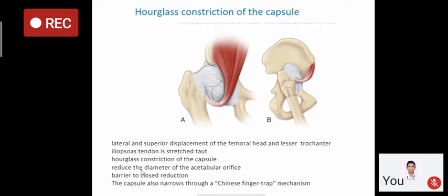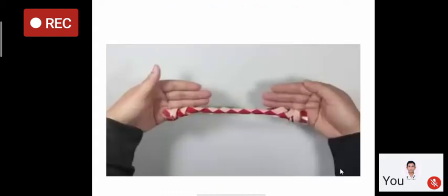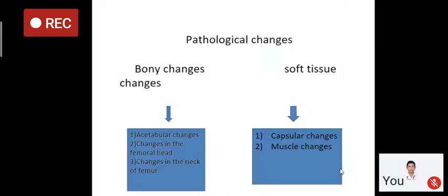It is stressed and it acts as an hourglass constriction of the capsule. It reduces the diameter of the acetabular orifice and it's a barrier to closed reduction. The capsule also narrows through Chinese finger trap mechanism. The more you stretch, the more it gets tightened.